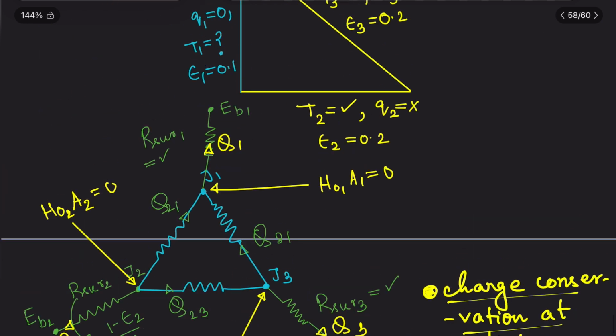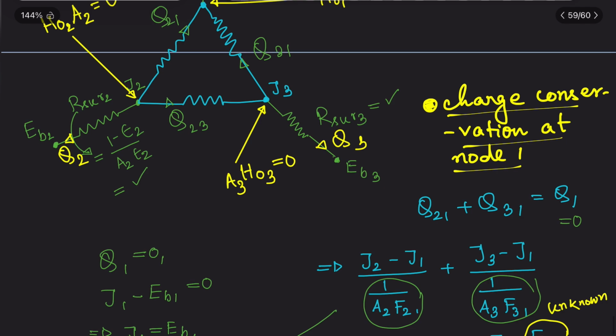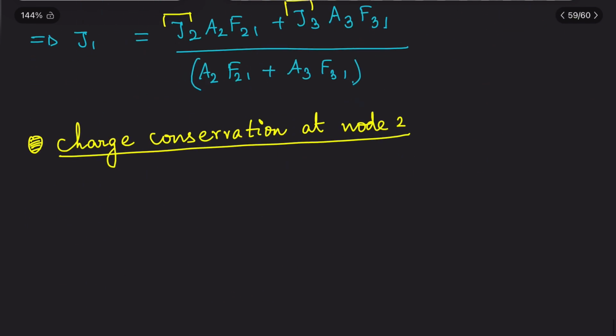See, at node 2 I am having, this is leaving, this is leaving, this is entering, but this is 0 and this is also leaving. So everything that is leaving, if I add them, those must be equal to 0.